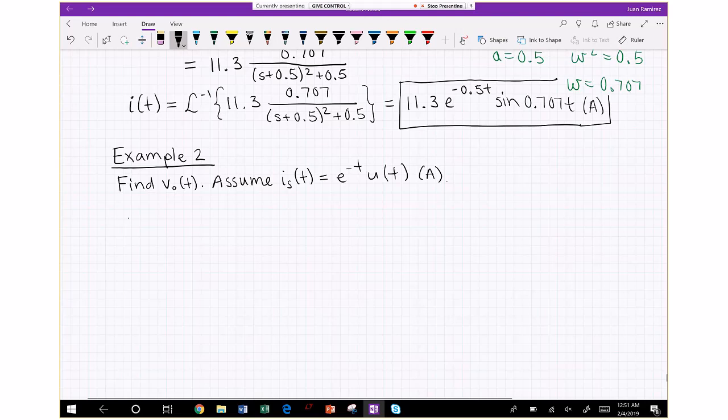Alright, and the circuit looks like this.